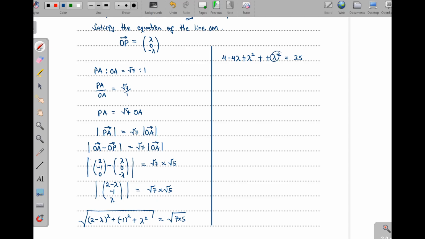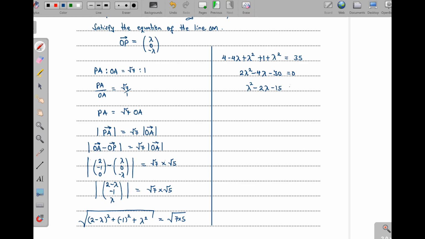Then lambda plus lambda, that is 2 lambda squared minus 4 lambda. Then bring this on this side. So you have 4 plus 1, that is 5, minus 35. That will be minus 30, which is equal to 0. Divide all through by 2. We shall get lambda squared minus 2 lambda, then minus 15.